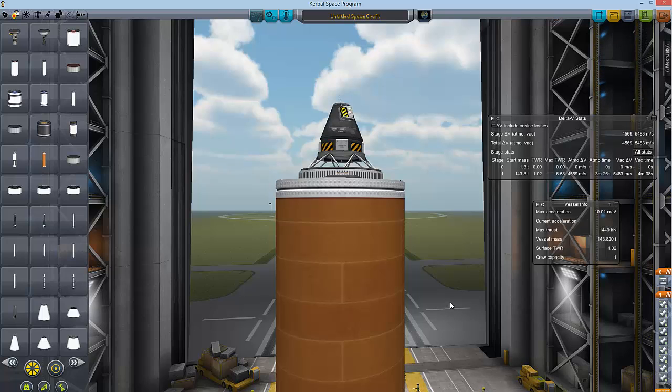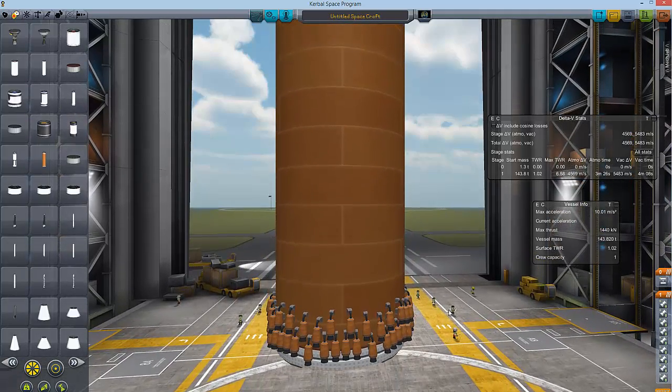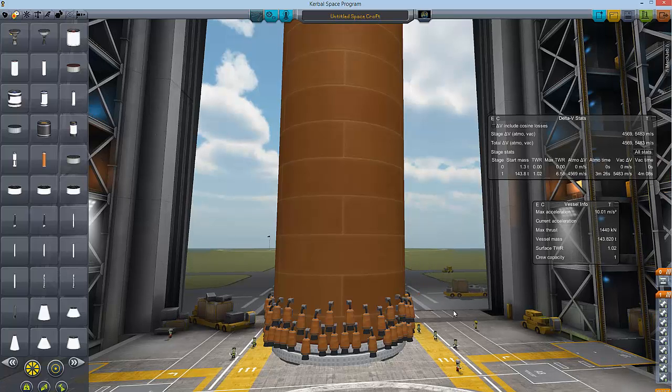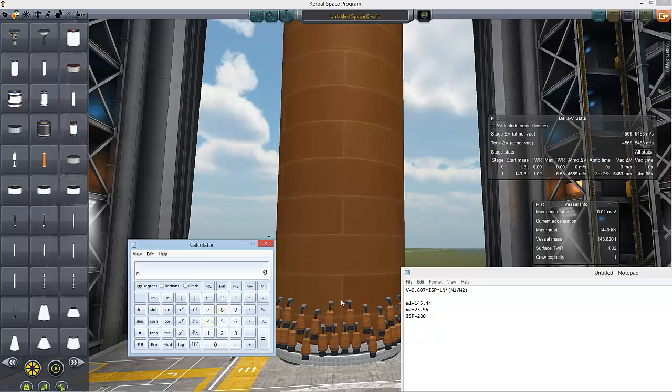But calculating delta V is not that easy. I highly suggest that you use a scientific calculator in order to do it. I don't really know too many people who could do all this in their head pretty quickly. Maybe over a period of time, but not quickly. Now, I have a handy notebook and a handy calculator.